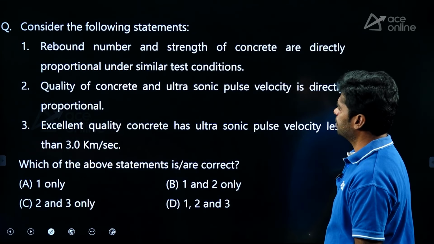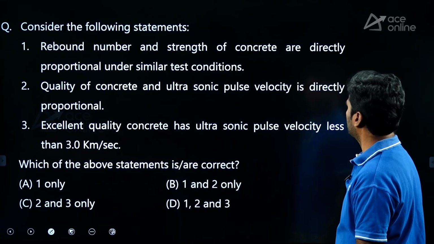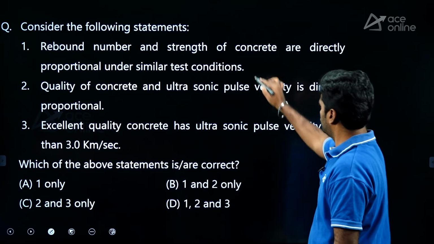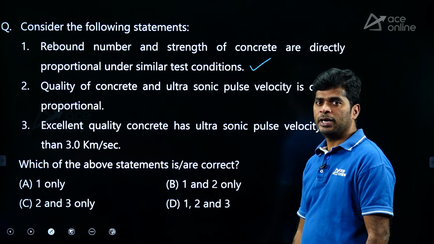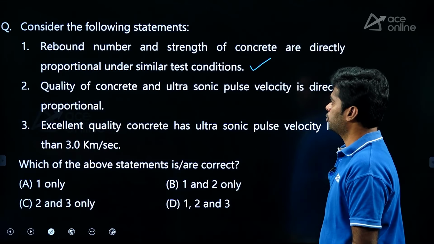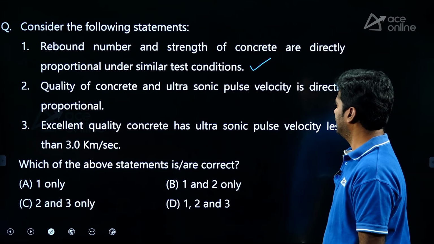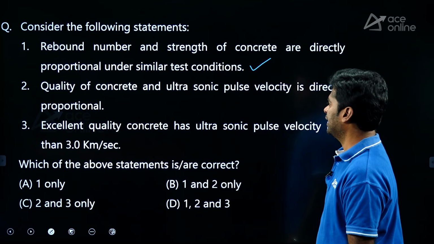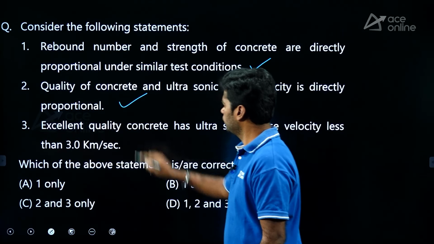Consider the following statements. Rebound number and strength of concrete are directly proportional under similar test conditions. True. Quality of concrete and ultrasonic pulse velocity are directly proportional. True.